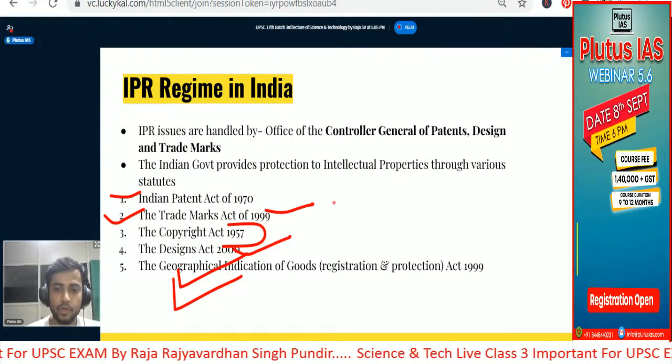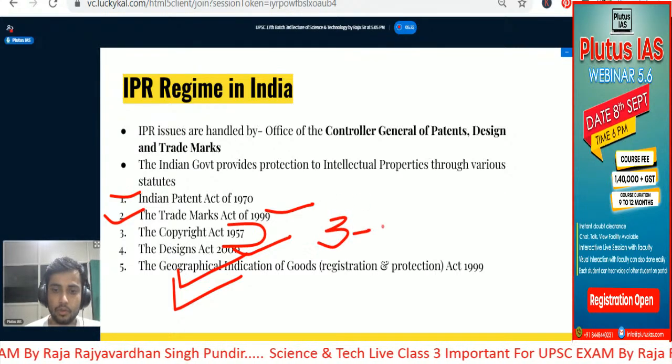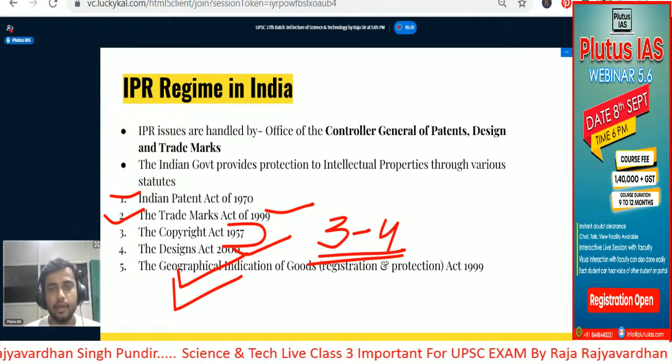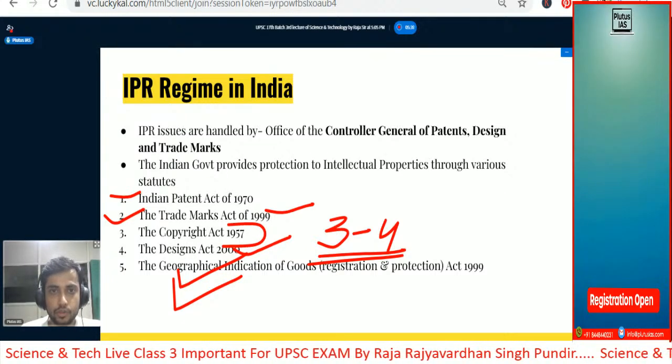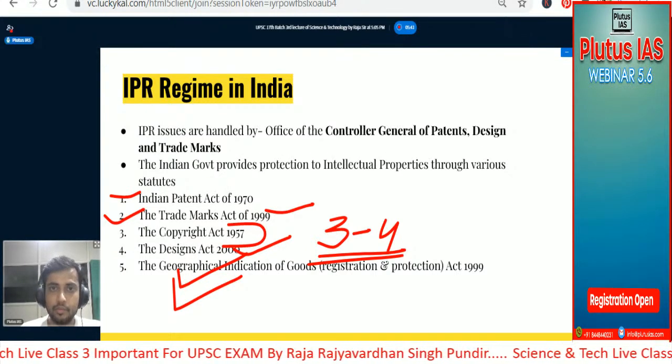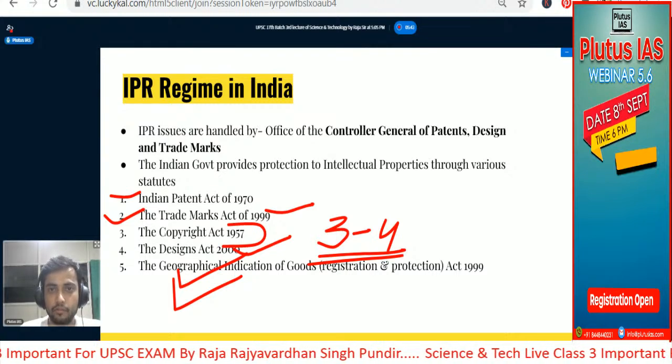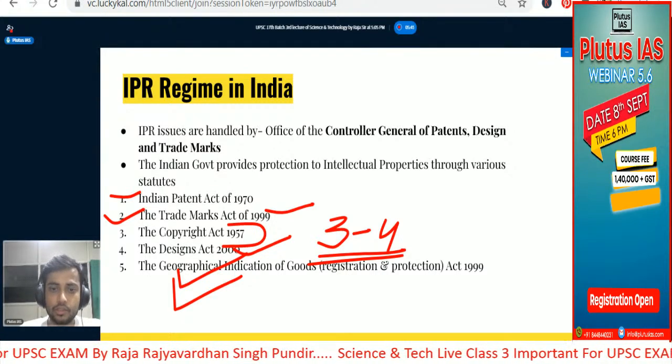So you have to remember three or four of them so that you can directly use them in the mains examination. In your mains answer writing, if you use some substantiable facts, that will help and add an edge to your answer.